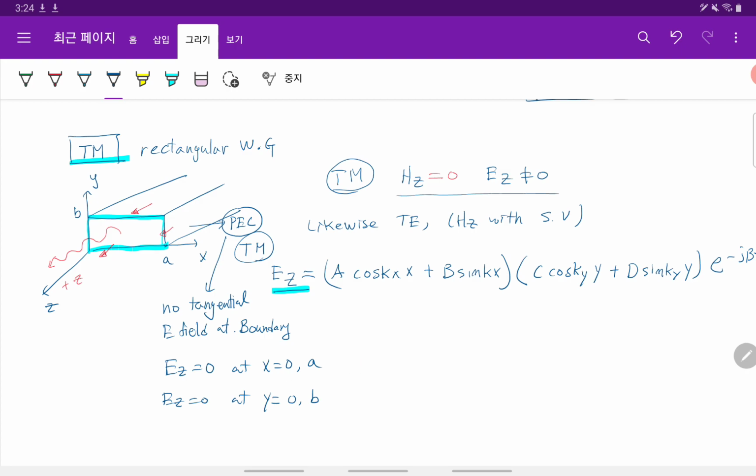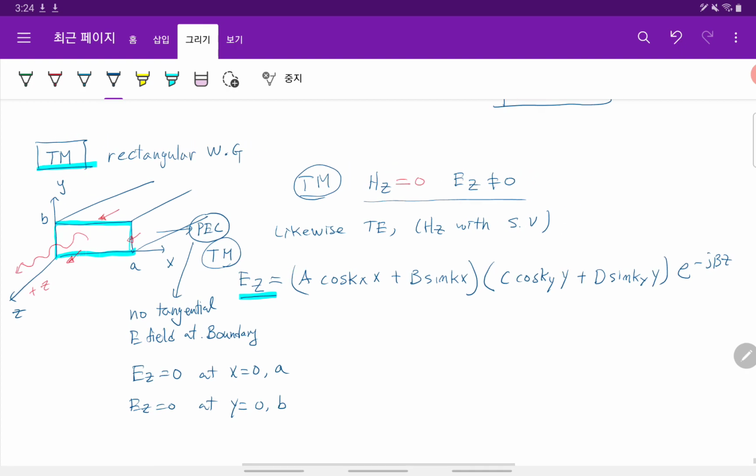So what does it mean? That means Ez should follow the sine form. To make it 0 at the boundary, it should be sine form, and along the y-axis, it should be 0 here and 0 here, something like this.